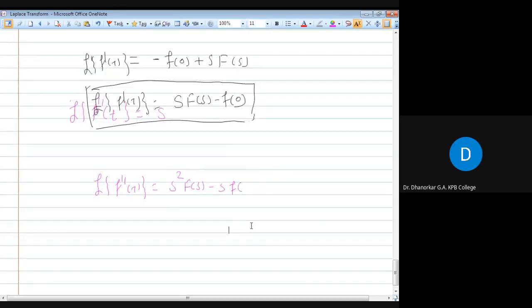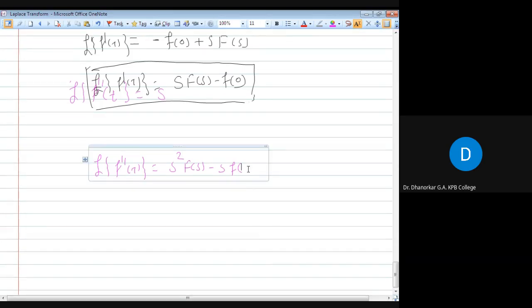f of 0, minus f dash at 0. And it's Laplace transform of next.